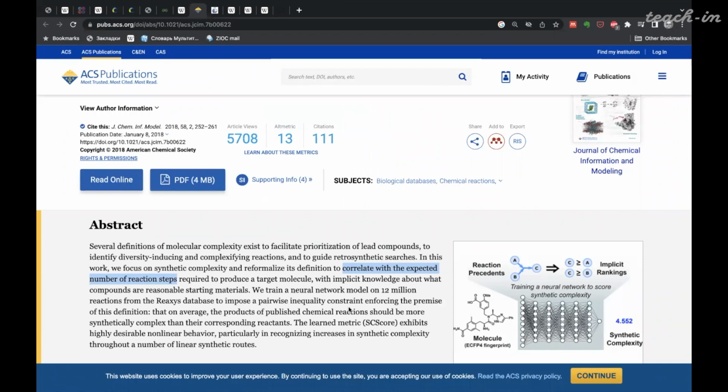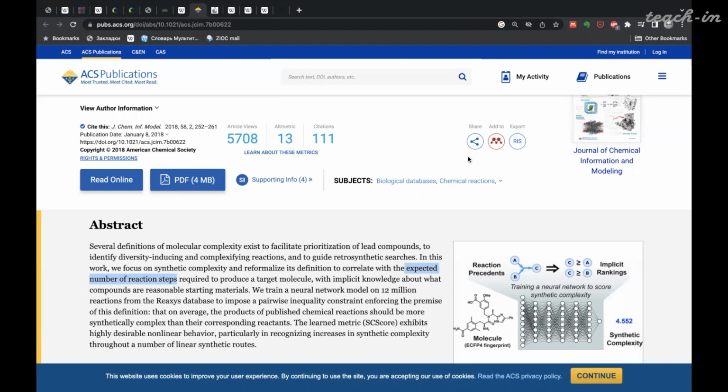The synthetic complexity score correlates molecular complexity with the expected number of reaction steps. Indeed, if the synthesis of some compound requires a great number of synthetic steps, it's complex.